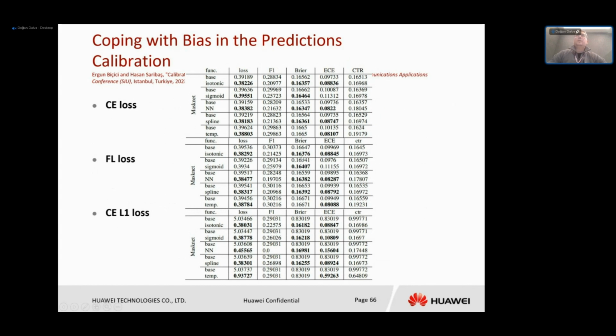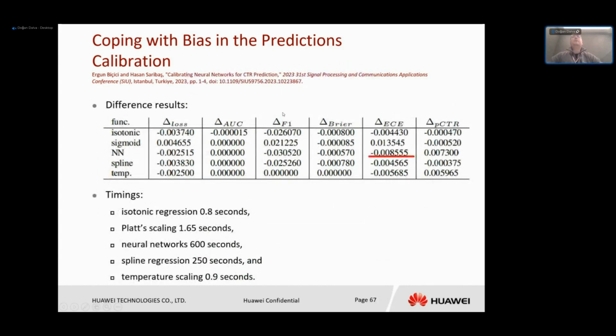When we look at the differences, the neural network model, which we developed, and other methods were in the literature, but the neural network model decreases the expected calibration error the most, but it's the slowest.